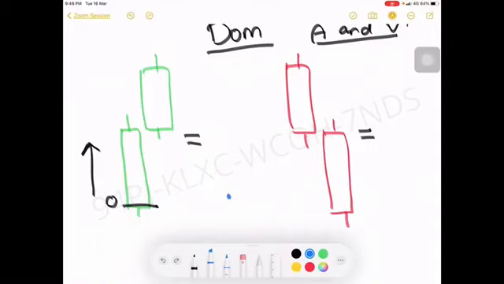So, what candlestick is this? It's a bullish candlestick, right? Yes, bullish.